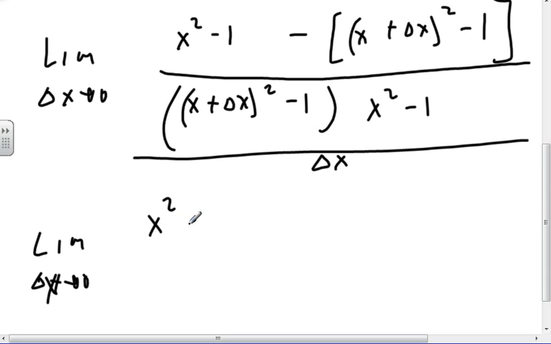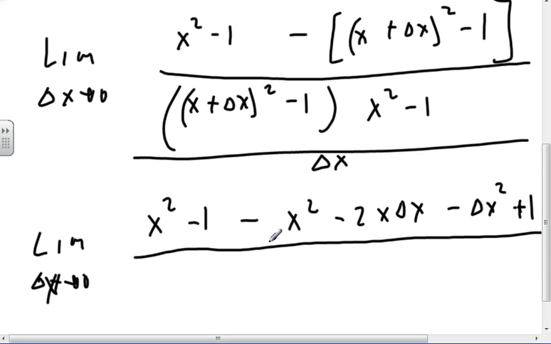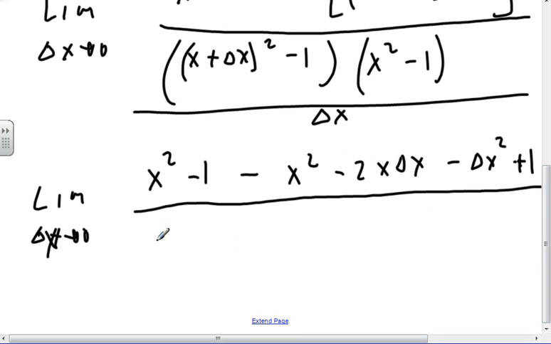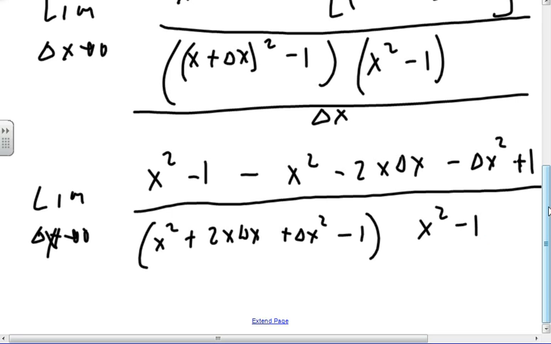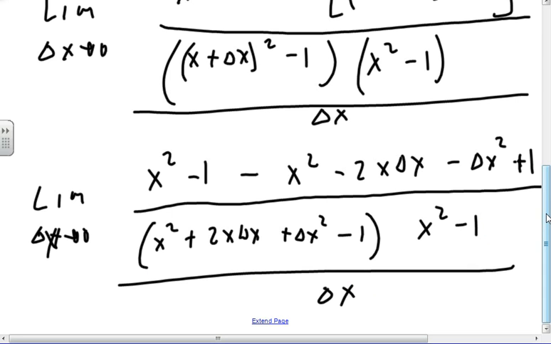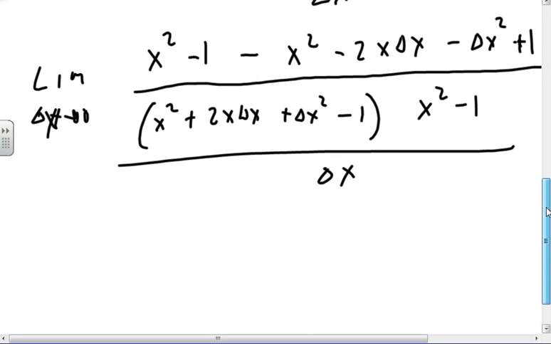So I got x squared minus 1 minus x squared minus 2x delta x minus delta x squared plus 1, divided by, oh gee, I don't know, x squared plus 2x delta x plus delta x squared minus 1 times x squared minus 1. The whole thing divided by delta x. Isn't that lovely? That's just so marvy.